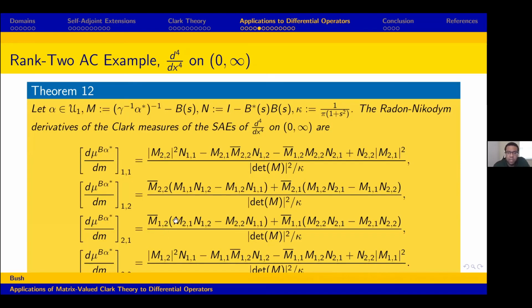But for a rank 2 example, there's a lot going on, but the idea is that if you have a 2 by 2, and you define these auxiliary matrices M and N, and this function kappa, then you'll end up with these for your matrix entries of your Clark measure, which, to reiterate, are encoding the spectral information of the fourth derivative.